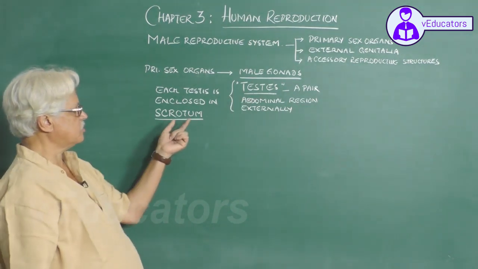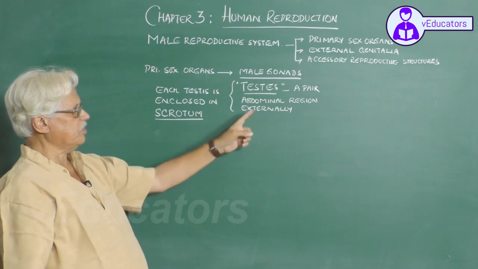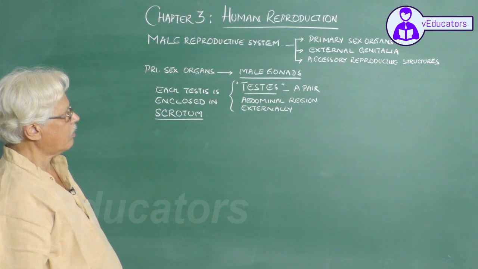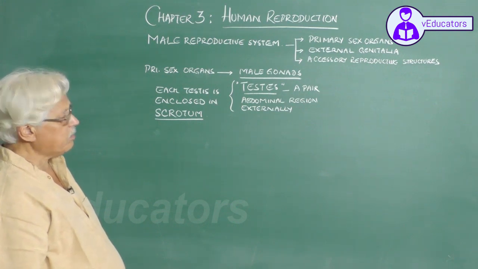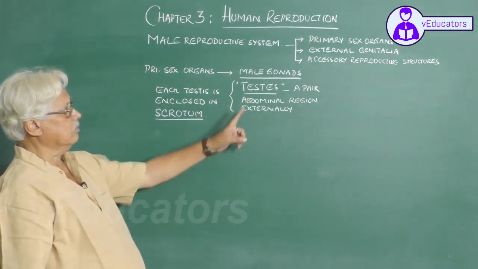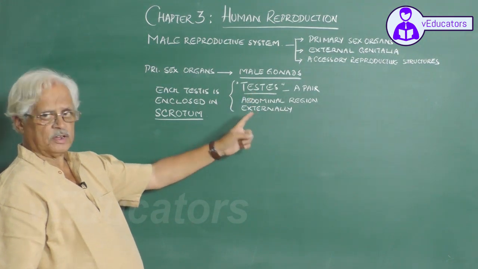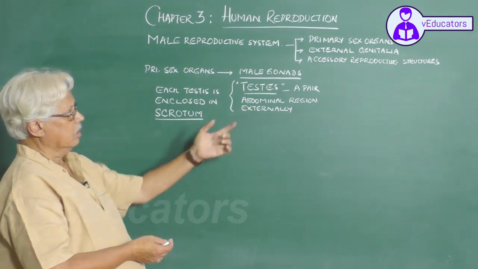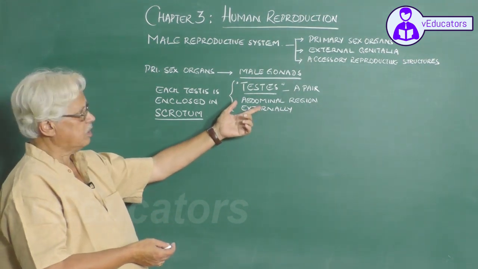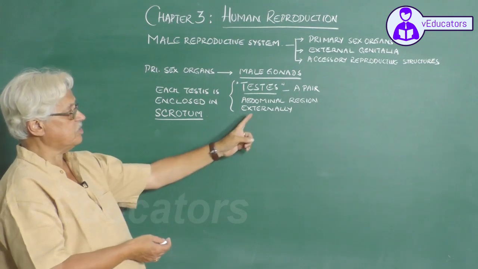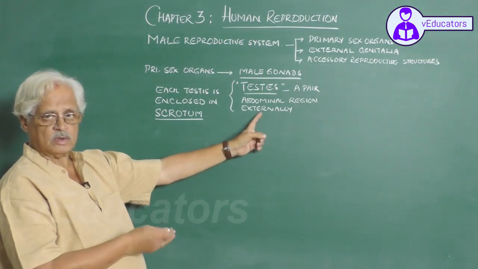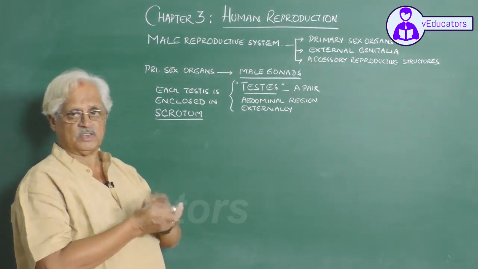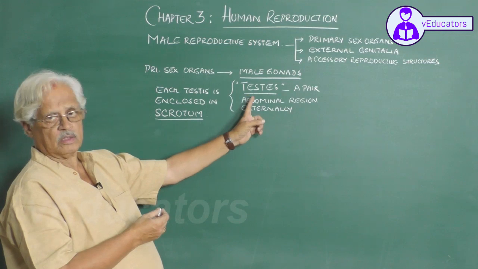So testis and scrotum are situated in the abdominal region externally. In many mammals, testis is situated inside the abdominal cavity. In some mammals, including human beings, the testis is situated outside. This is an important adaptation to maintain a specific temperature for the activity of the testis.